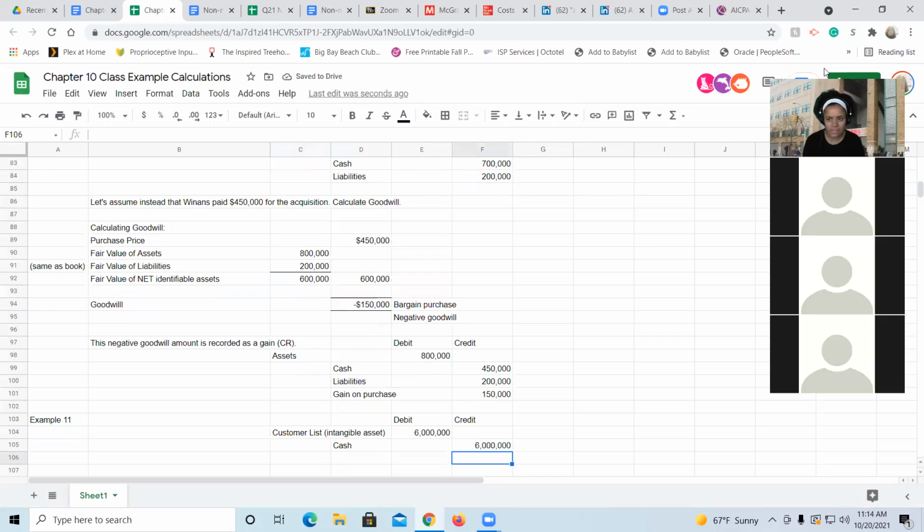So what about the 60,000? Can someone tell me what is the 60,000? It said that Green Market can sell the customer list to another company at the end of the 3 years for 60,000. What is the 60,000 and why is it not included in the purchase price?